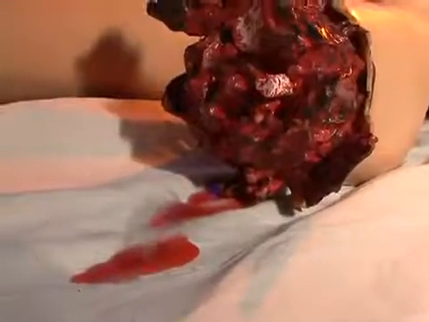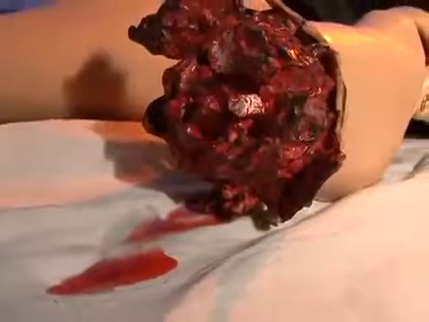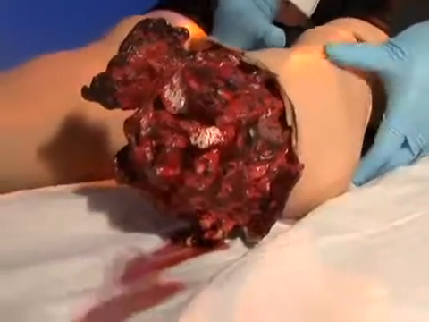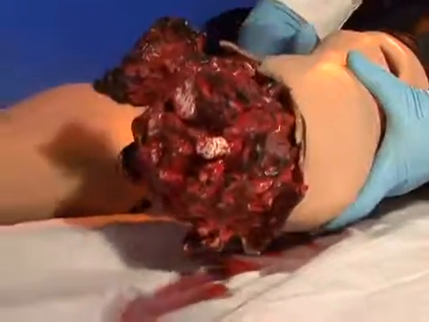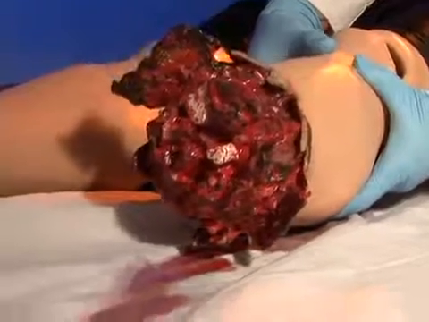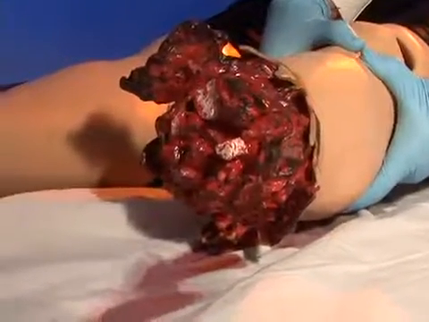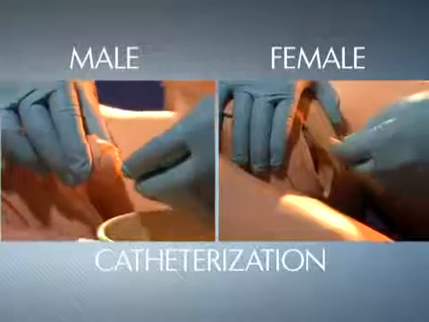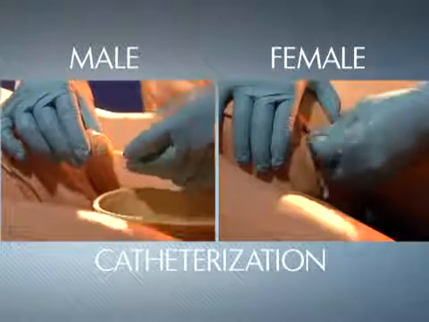Both trauma arm and leg feature realistic arterial bleeding that is pulse and blood pressure dependent. Blood flow can be stemmed with the use of a tourniquet. HAL can be catheterized by exchangeable male and female genitalia.